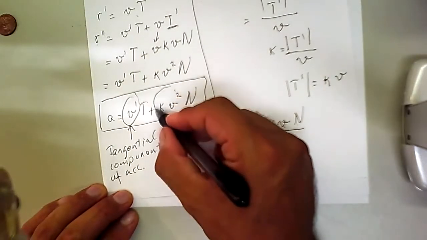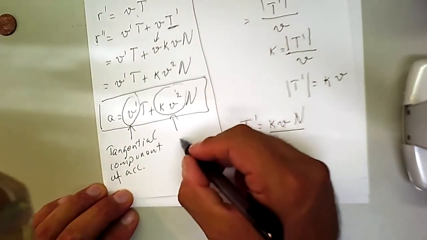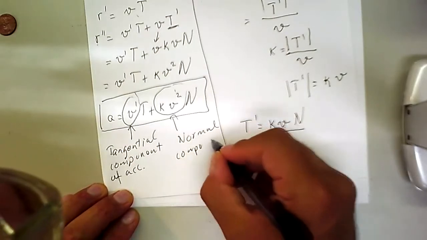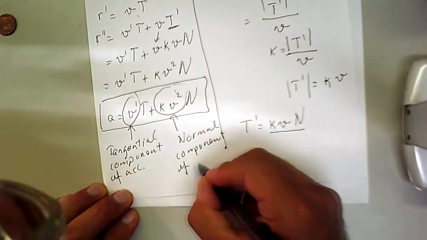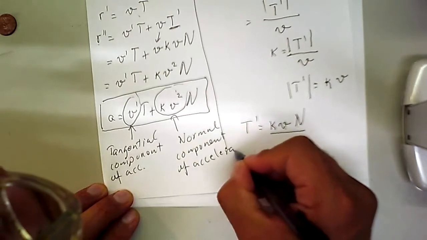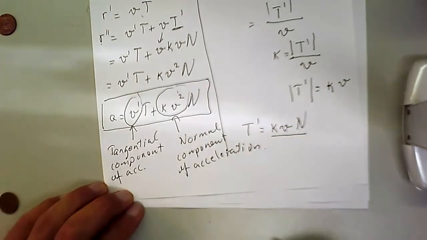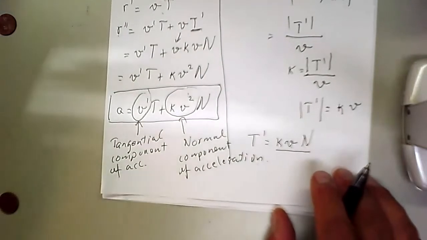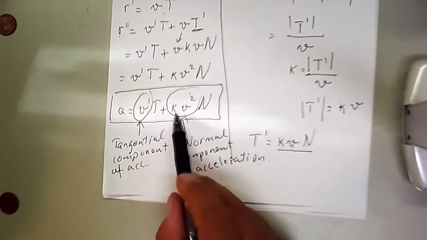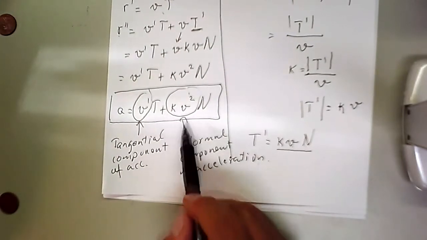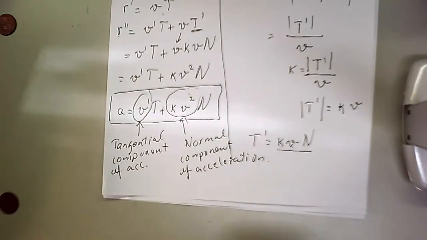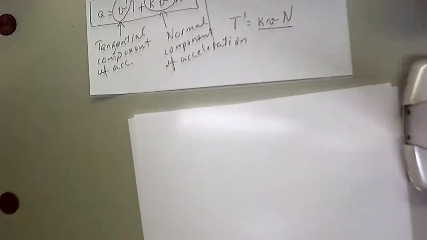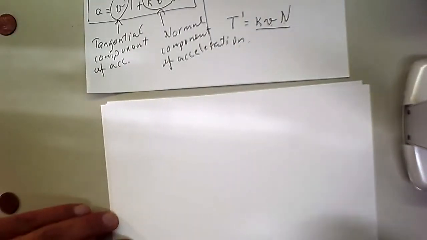And this is labeled as the normal component of acceleration. There are times when I will ask you to find the tangential and the normal components of the acceleration. And probably this is the best way to do it, by using those formulas.